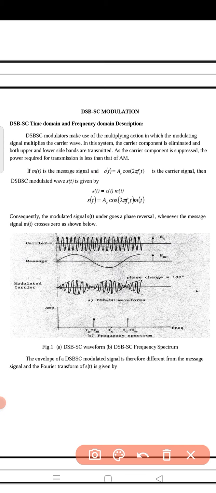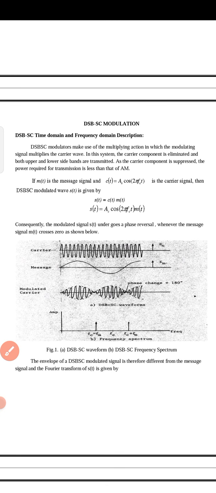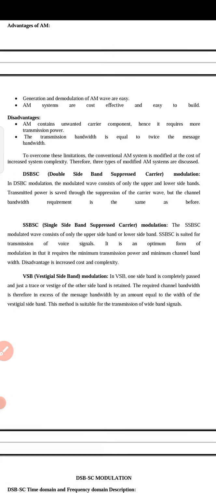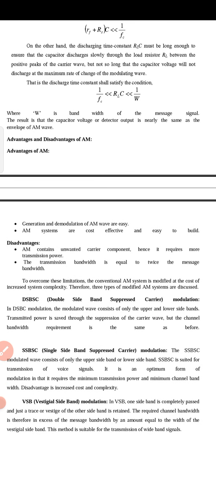In this unit we discuss DSBSC. It means double sideband suppressed carrier. Why is DSBSC needed? Coming to the disadvantages of amplitude modulation, it requires more transmission power.